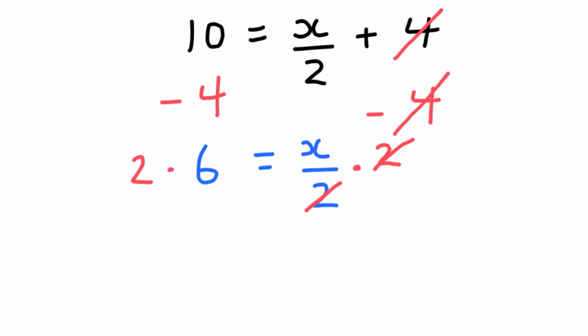Again, what you do to the right, you always have to do to the left side. 2 times 6 is 12, is equal to x. So we have solved it. Now usually in math we always put the variable on the left side, so we switch it over. We say x is equal to 12. It just sounds a little better. And I can do a quick check. 12 divided by 2 is 6, and 6 plus 4 is equal to 10. So I know that it's correct.